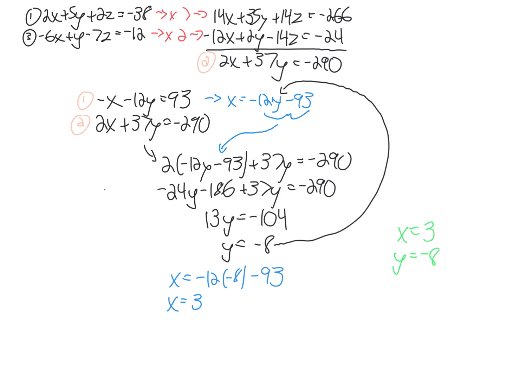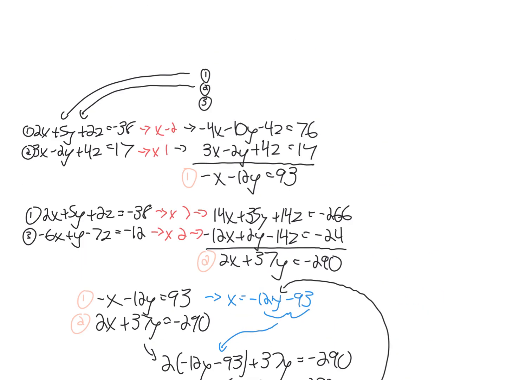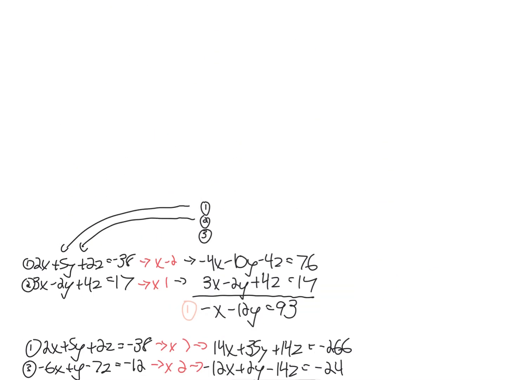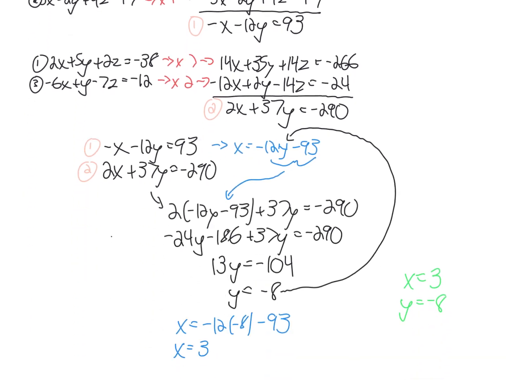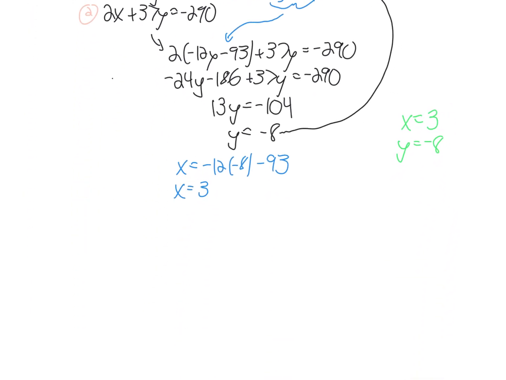To solve for z, all we're going to do is take those new x's and y's and plug them back into one of those equations above. You can choose any of the three equations. Let's plug it into the second one.